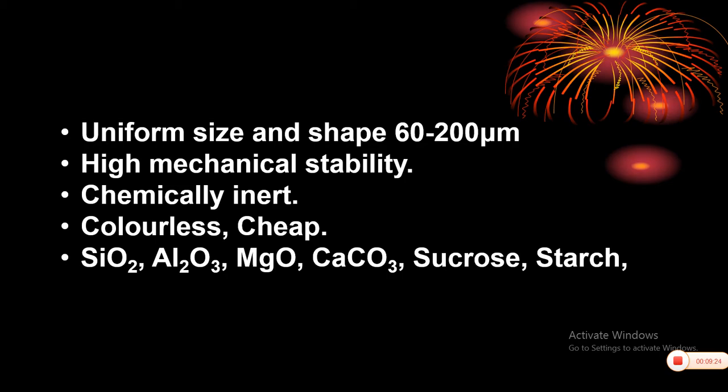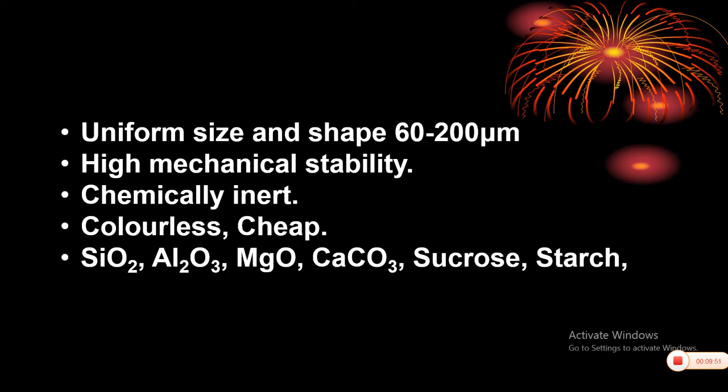The stationary phase, which is the adsorbent material, must have uniform size and shape. Usually the particle size is 60 to 200 micrometers. It must have high mechanical stability, it must be chemically inert, and it must be colorless, cheap, easily available, and easily handled.